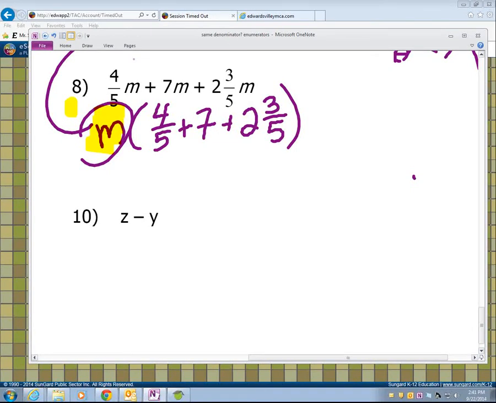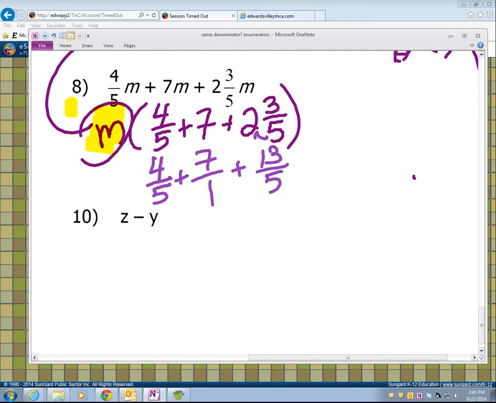Anyway, we have 4/5, and then here's a 7th. If we wanted to make 7, so we had 4/5 here plus 7 firsts, because 7 divided by 1 is 7, plus 13 fifths.